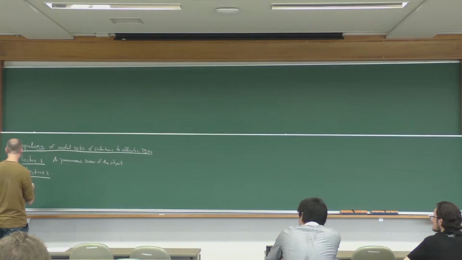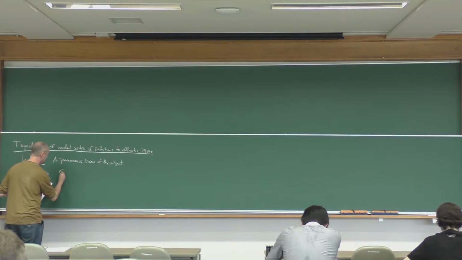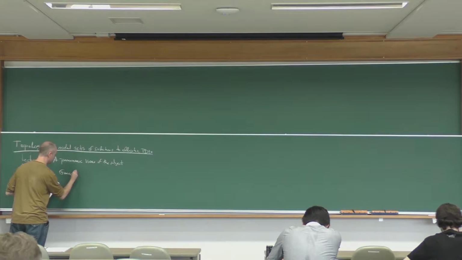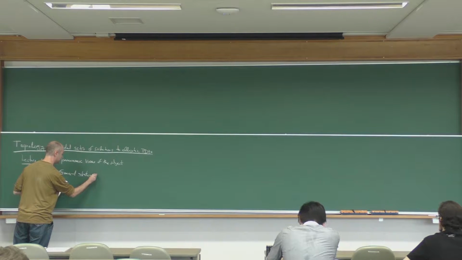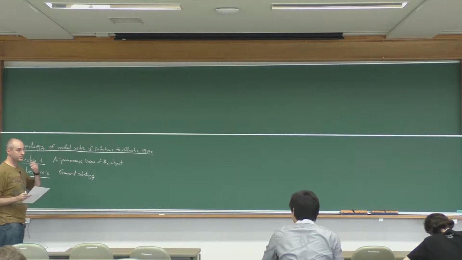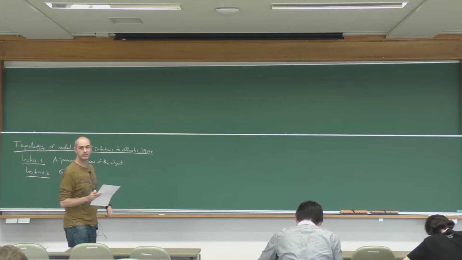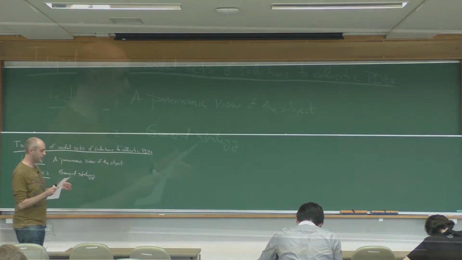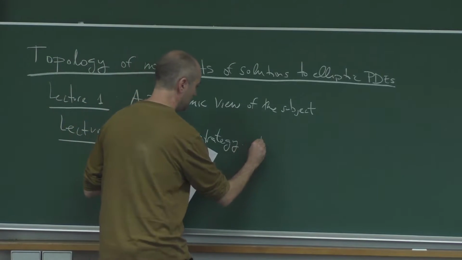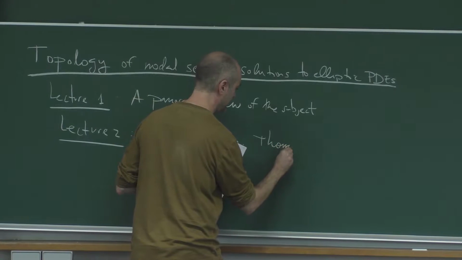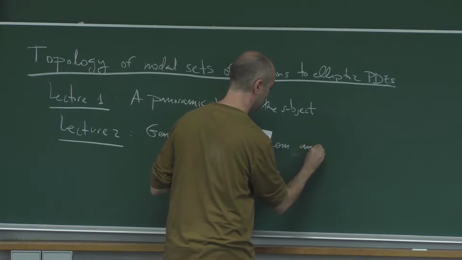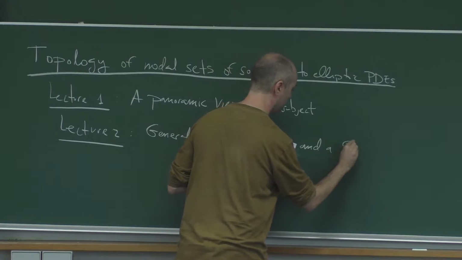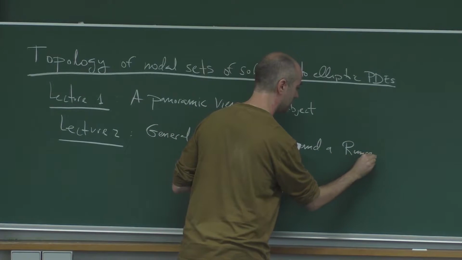So the title of this second lecture is General Strategy. And the 2 techniques that I'm going to introduce in full detail are a theorem by Thom and a Runge type theorem, a Runge type global approximation theorem.